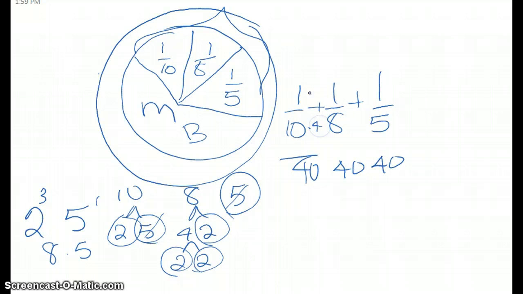Multiply that by 4 and that by 4. I'm going to let you work through the rest of these to find your total common denominator. So I'm going to work this one through. 4, 5, 5. That's going to be 8 and 8.